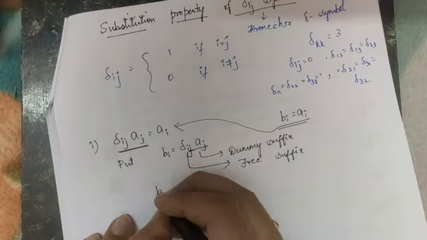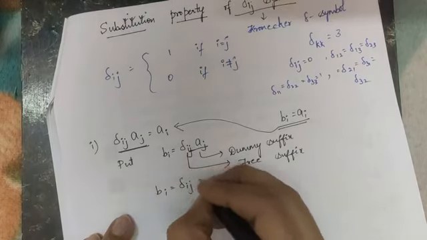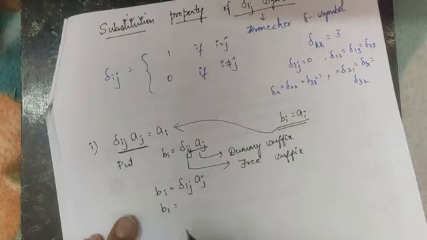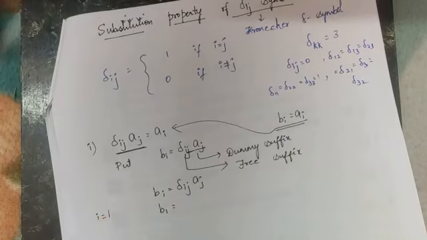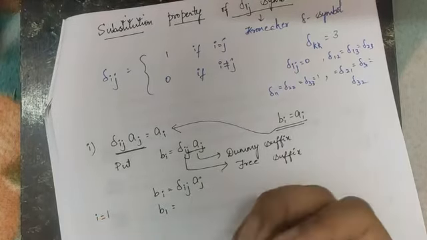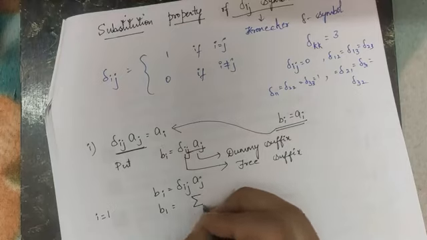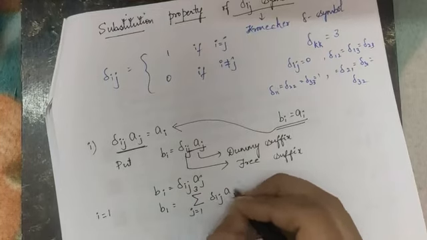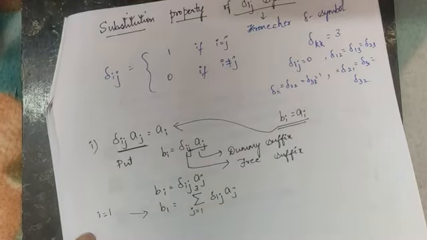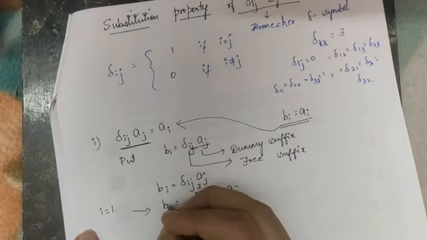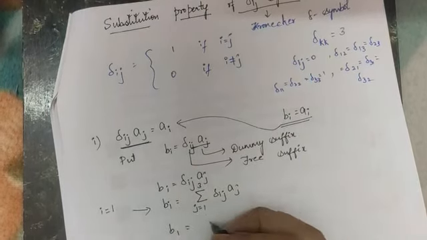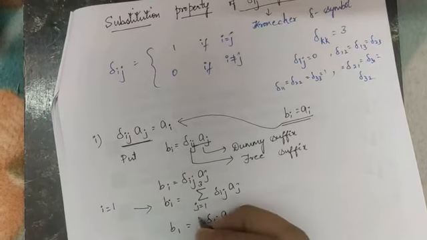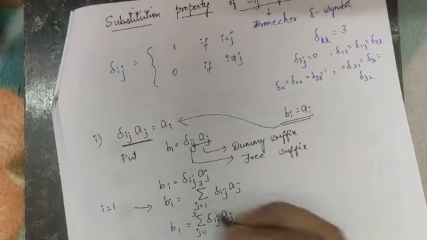So now consider bi is equal to delta ij aj. So what is b1 now from this? That means the value of i is 1. For your better understanding, you can write it like this: summation j is equal to 1 to 3 delta ij aj for i is equal to 1. So this will become b1 is equal to delta 1j aj, write it with summation.